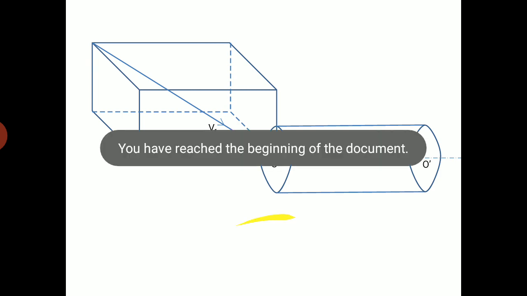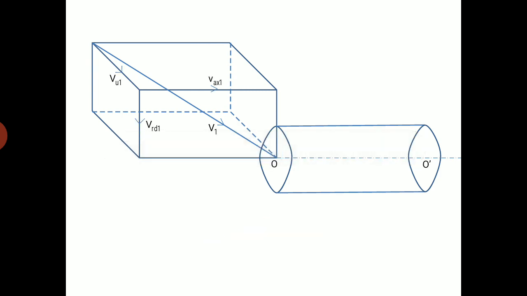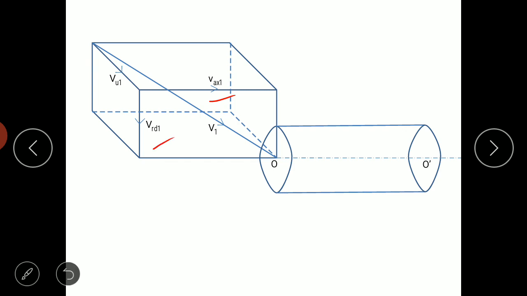So what are they? You can see Vx1 in the x direction, which is the axial velocity component, VRD1, and VU1. Vx1 is this, VRD1 is this, VU1 is this. Vx1 is the axial velocity component, VRD1 is the radial velocity component, and VU1 is the tangential velocity component, also known as the whirl velocity component.